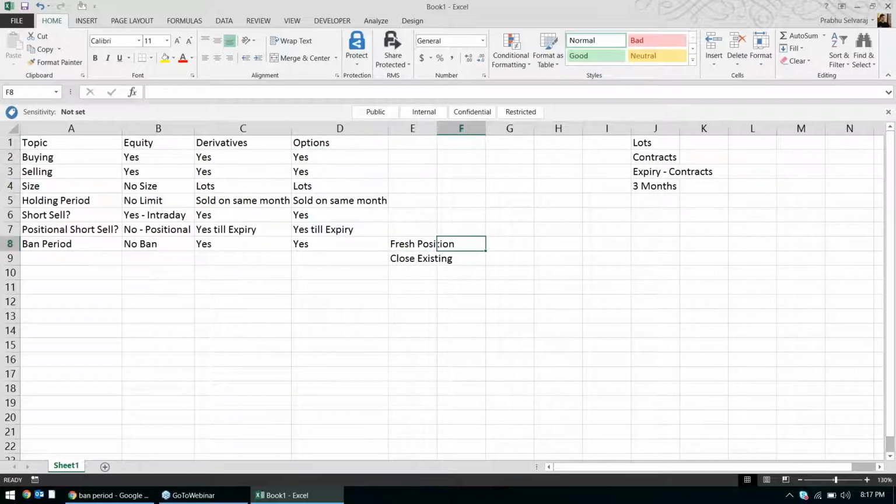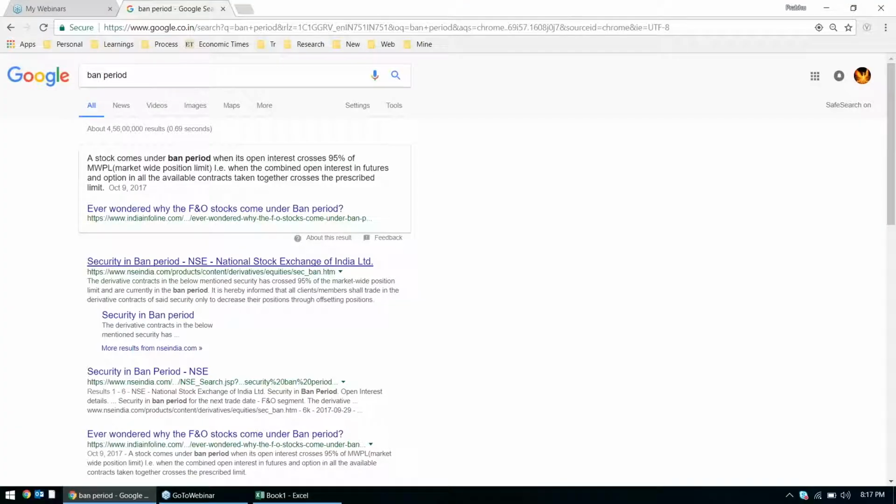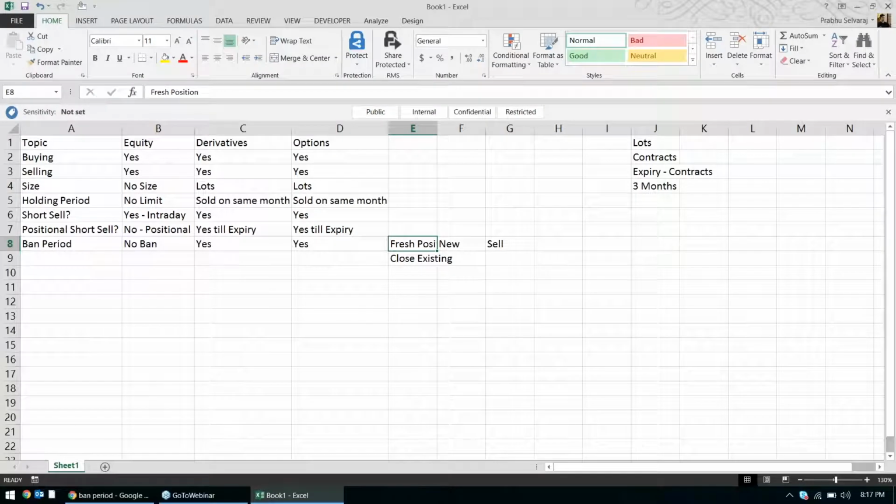You cannot buy a new contract or sell a new contract, but if you had an existing contract, you can always close the position. It's clearly explained over here. You can have a look at it. I said you cannot create any fresh position. Simple straight answer: no fresh positions.